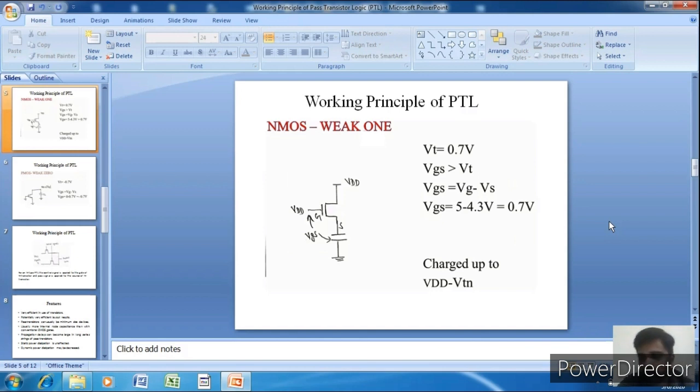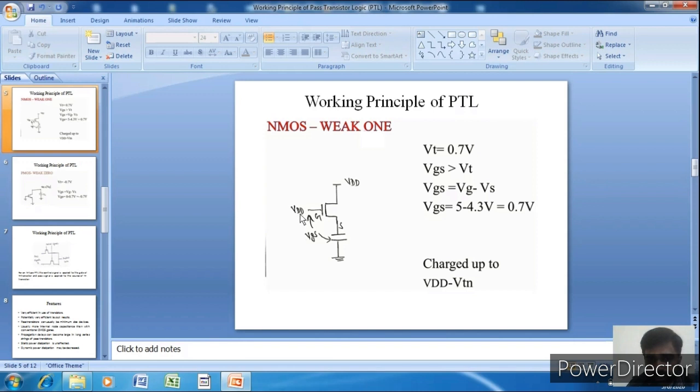So this is the working principle. Now we can see how this NMOS transistor transmits weak 1. Here I am representing an NMOS MOSFET. We all know the 3 terminals are source, drain and gate. Here it is the gate terminal, here the source terminal, and VDD is connected to the drain terminal. Here we are trying to pass a VDD or logic 1 value to the output.